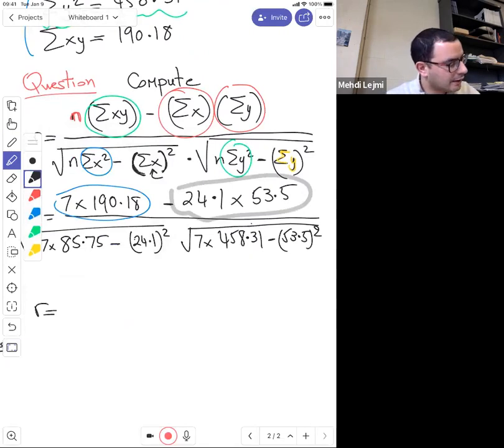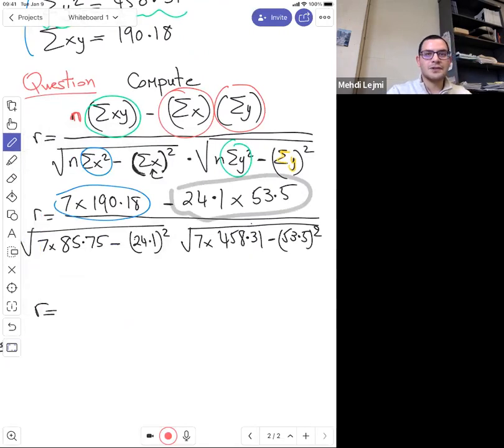So for example, let me just check my notes. 7 times 190.18 will be equal to 1,331.26, minus 24.1 times 53.5, and that will be equal to 1,289.35.